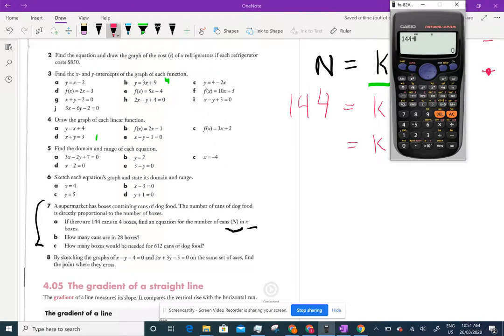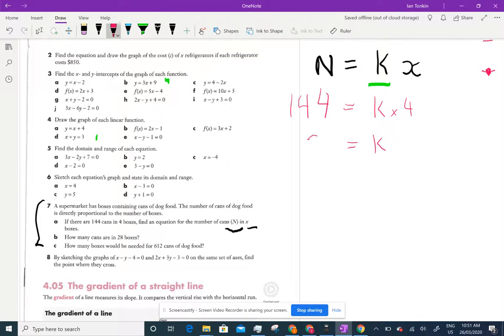I think it's 36. 36. Once we've got that, that never changes. So 36 is k, and for this scenario, that will never change.